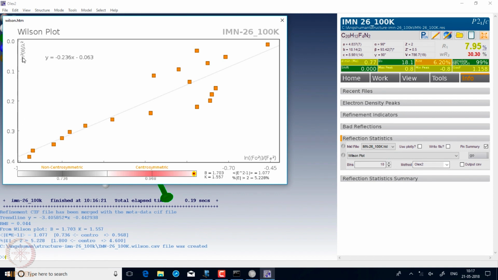What is plotted on the y-axis is sin square theta by lambda square against ln Fo square by Fc square, and this should have been a straight line, but you see this data has lots of deviations, which indicates that the data is not of very good quality, and that is why we are not able to bring the R factor and WR2 down below a certain level.